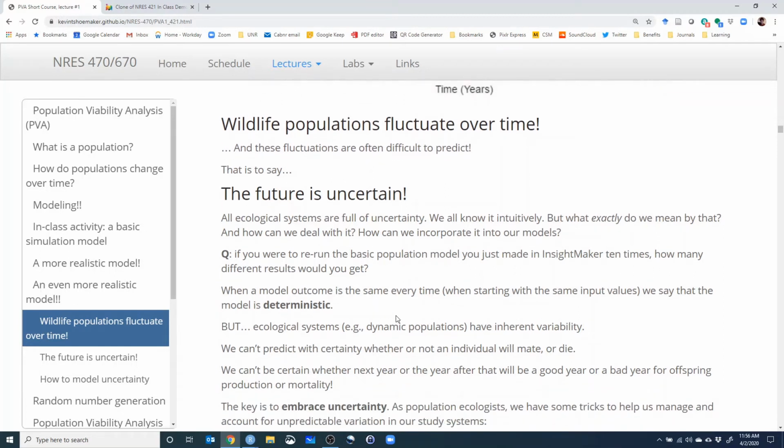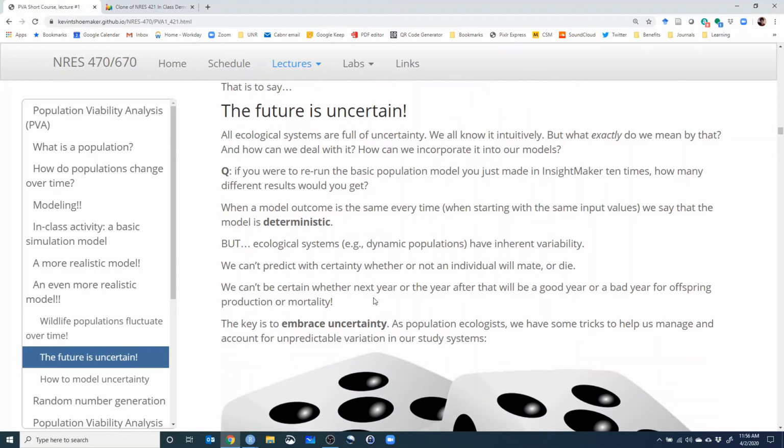We can't figure out why they happen, but they do happen. So to introduce realism, we have to acknowledge the fact that populations are like that. They fluctuate. They go up and they go down, and it's not predictable. The future is therefore uncertain. We don't know what the future is going to be, and that probably makes intuitive sense. But what do we really mean by that, and how do we model it? How do we include that in our models?